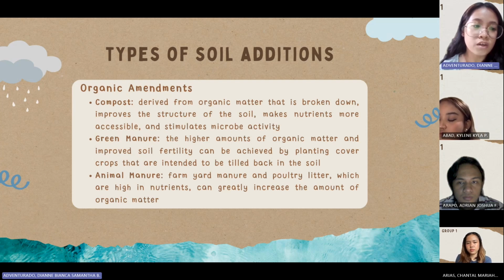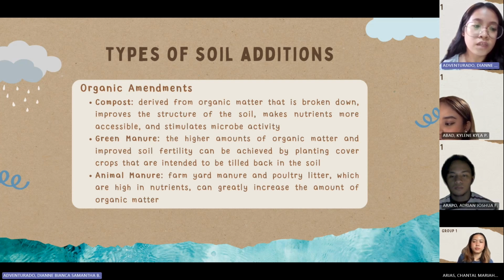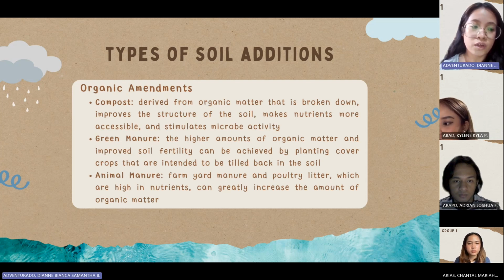With time, higher amounts of organic matter and improved soil fertility can be achieved by planting cover crops that are intended to be tilled back into the soil. And the last classification is animal manure. When applied appropriately, farmyard manure and poultry litter, which are high in nutrients, can greatly increase the amount of organic matter.